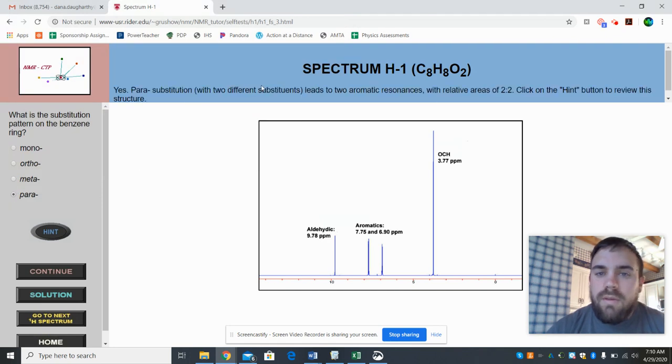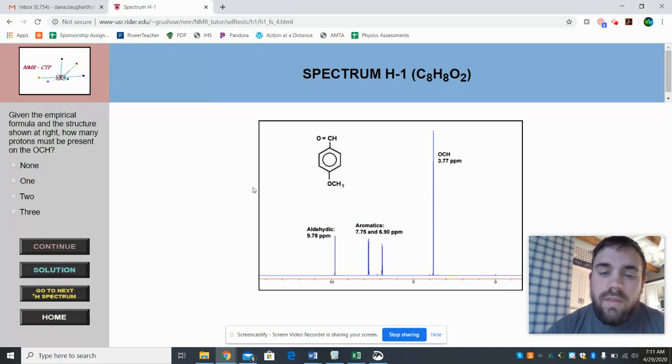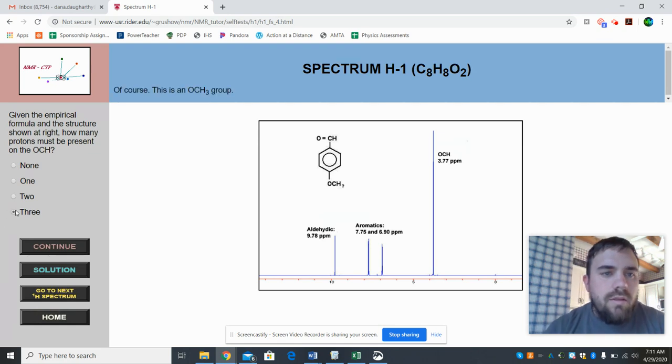And then it talks about basically what I just said. Then I click continue, and then I got it. This is the structure, just like that. And it says, given the empirical formula and the structure shown, how many protons must be present on the OCH? Well, we know that. It's got to be 3. So it's pretty simple.